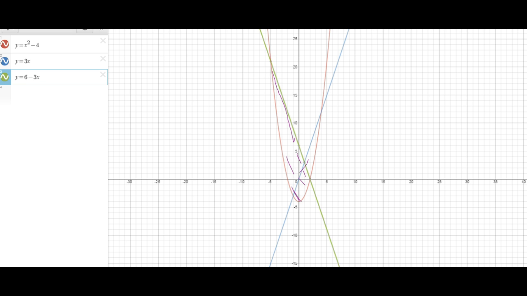This and this. So the idea here is we got to figure out, well, how are we going to split this, right? Like, where does it change? So we could say, from here to here, the green line, which is 6 minus 3x, is the upper function, and the lower function is x squared minus 4.